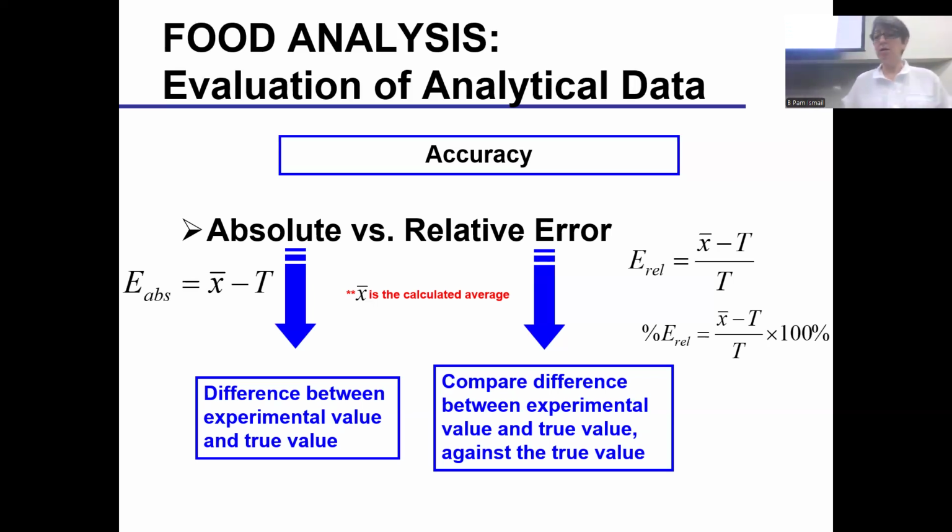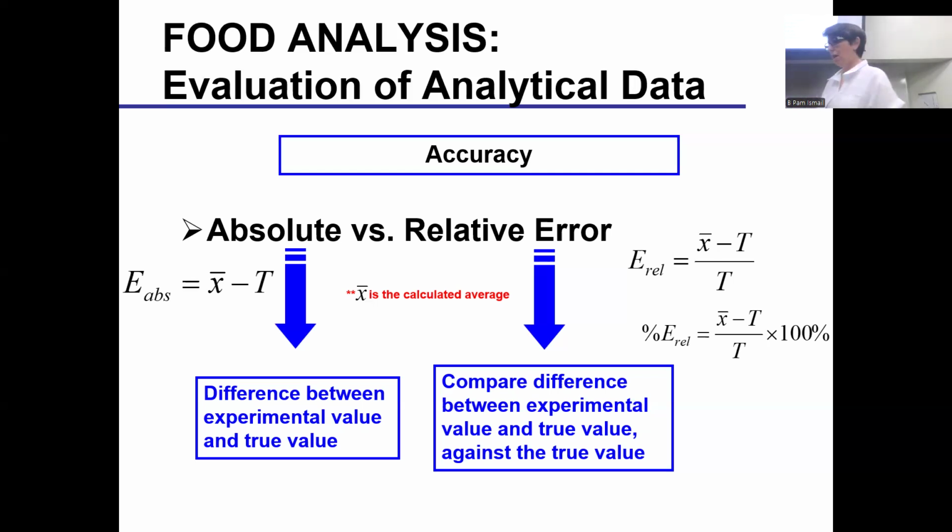The relative error is basically the same thing, absolute error, but relative to the true value. And then if you multiply it by 100, you get a percent relative error.